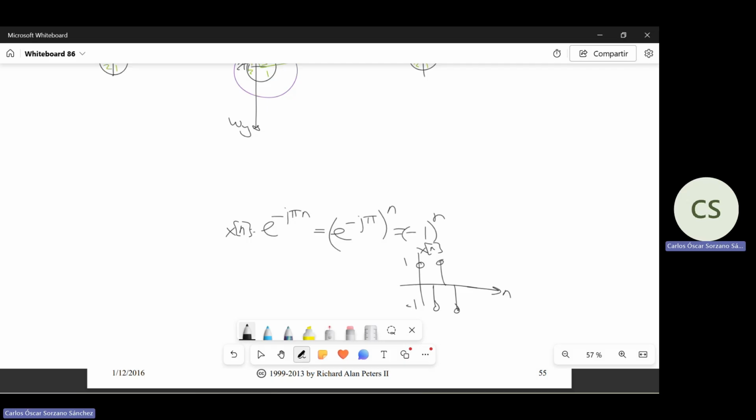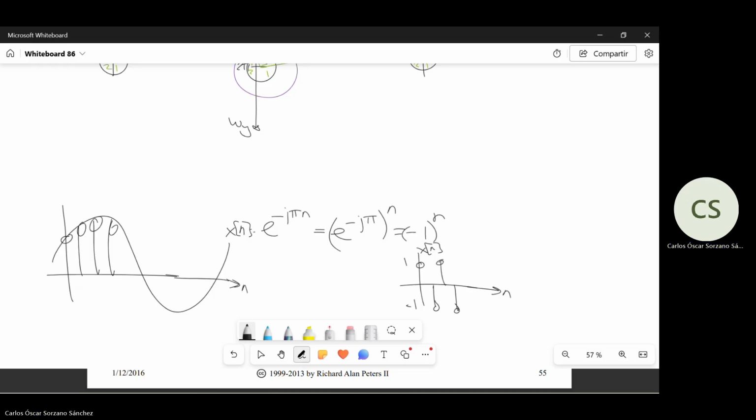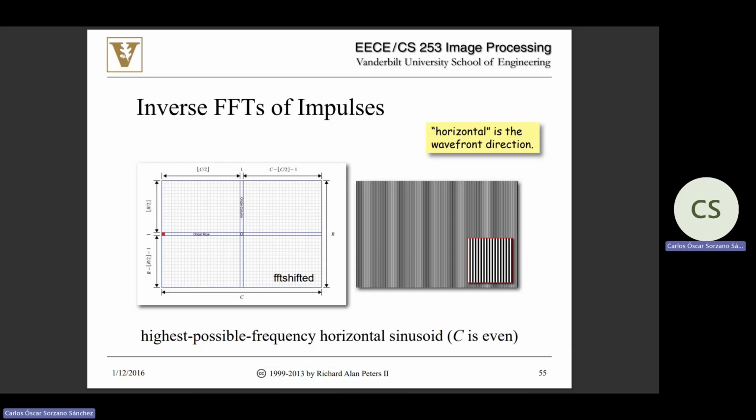If you think of periodic signals that go like this, and you make them faster and faster and faster, this is the fastest you can go. Going from the maximum to the minimum takes just one sample. This is the fastest frequency in this direction.